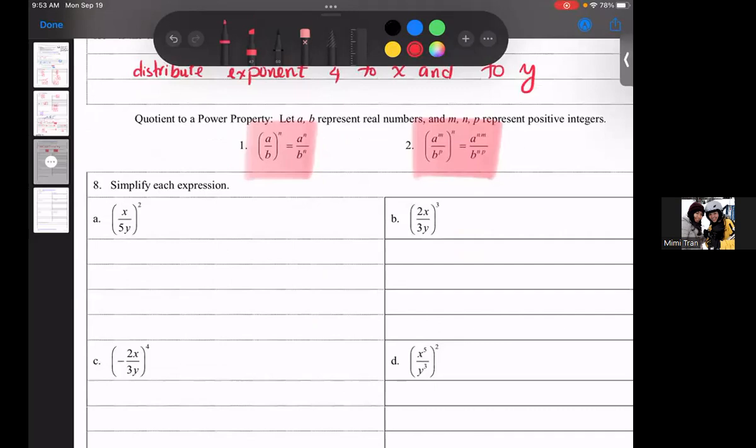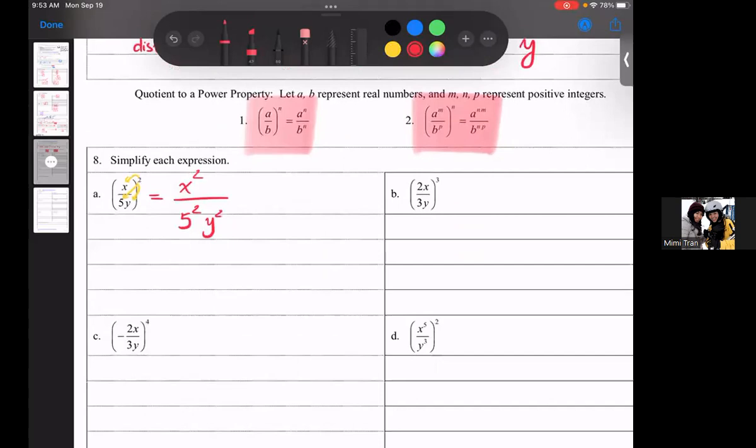Okay. I'm going to distribute the square into each of these. So x squared over 5 squared and then y squared. What's 5 squared equal? Thank you.